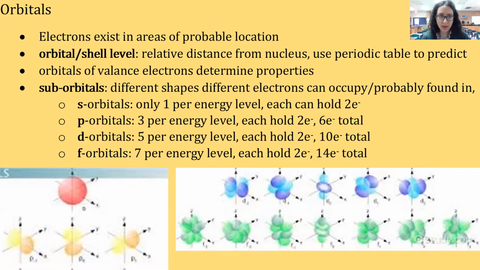The shell or orbital level is the relative distance from the nucleus. We've already learned about this in Bohr models, where we talked about how the first shell is closest to the nucleus, and then there's a second and third and fourth shell, and each shell can hold different numbers of electrons.